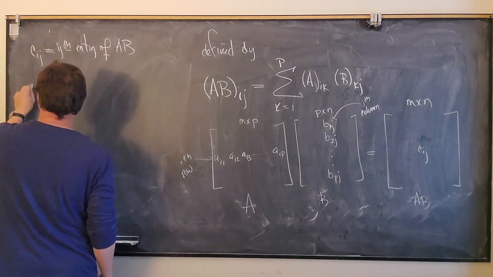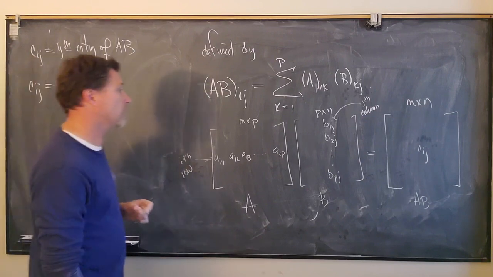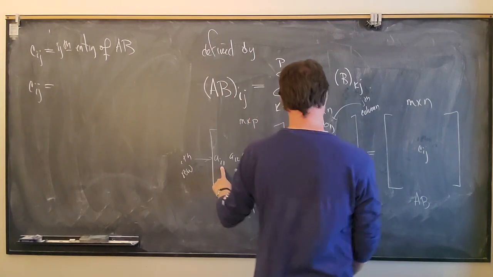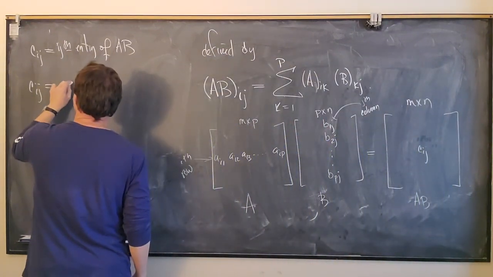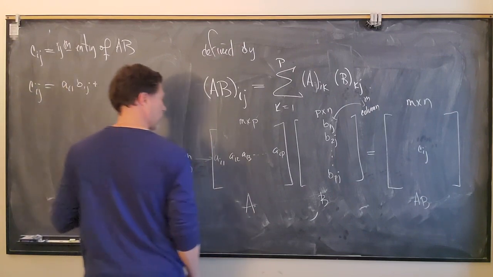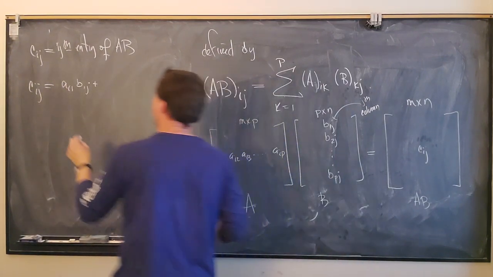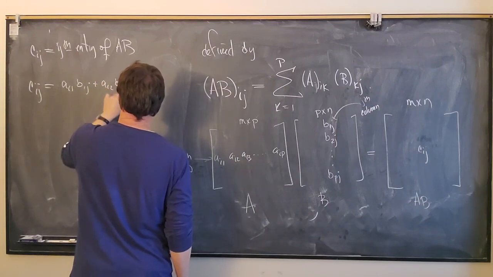Now, how do you get C sub ij? It's going to be A i1 times B 1j, plus, what's next? A i2 times B 2j.